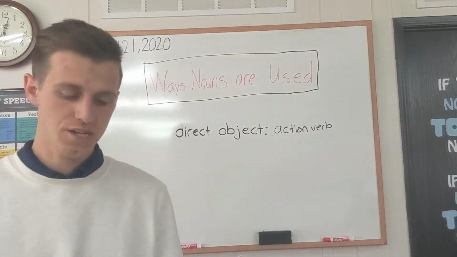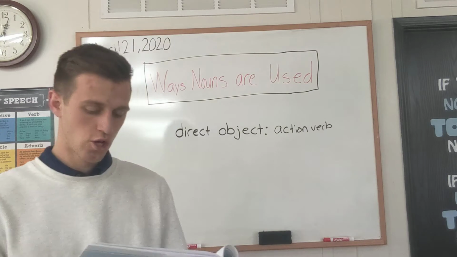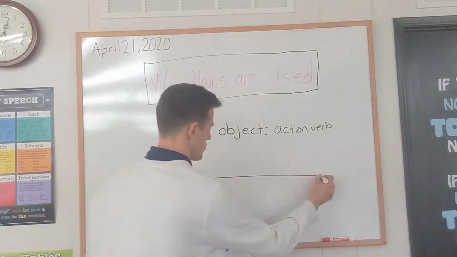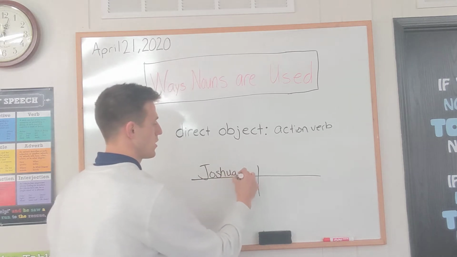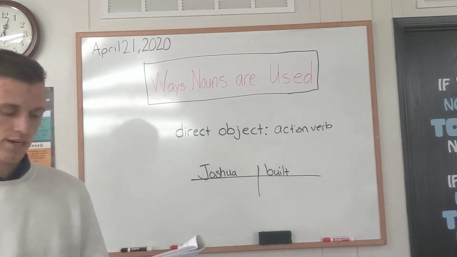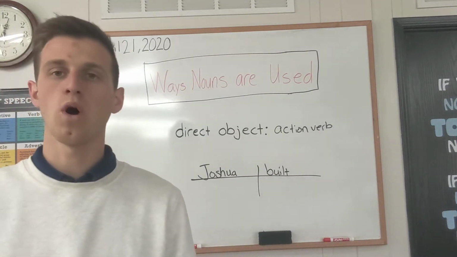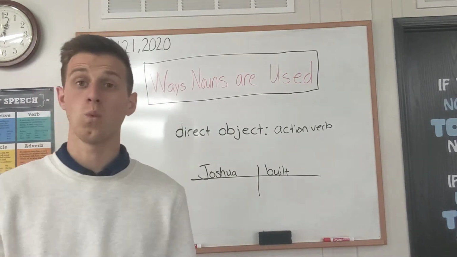So in their example sentence, they have Joshua built a sandcastle on the beach. Joshua is our subject. Built is our action verb. And then remember our direct objects answer the questions whom or what, and they receive the action. So he built whom or what?